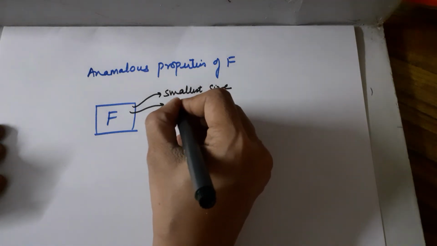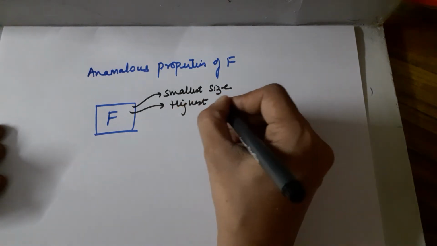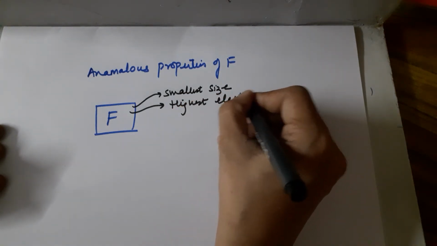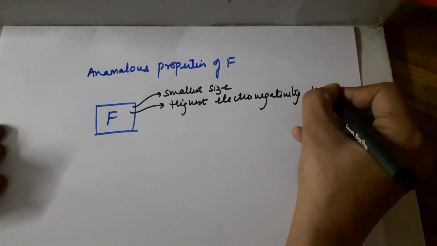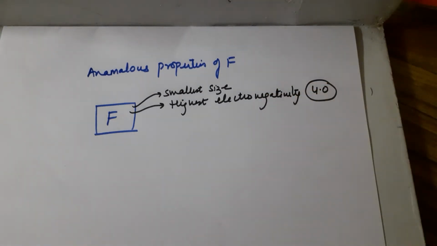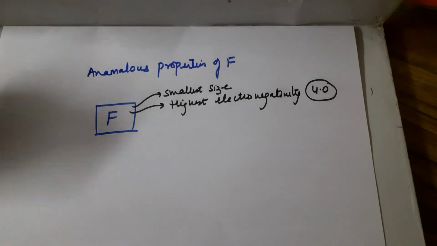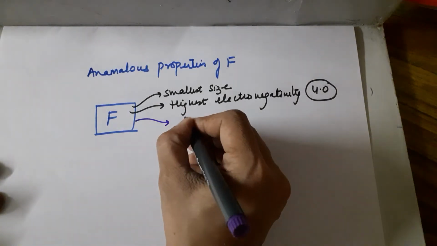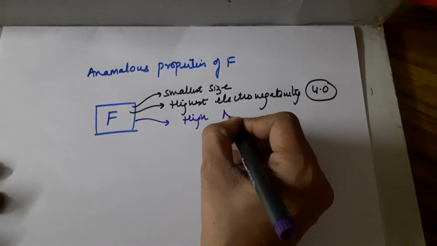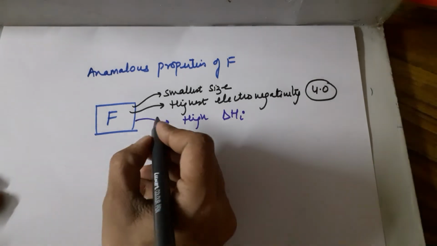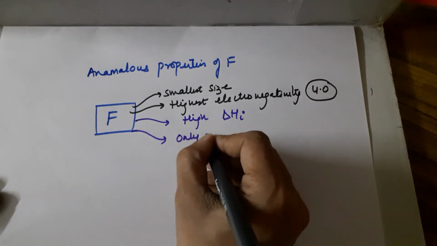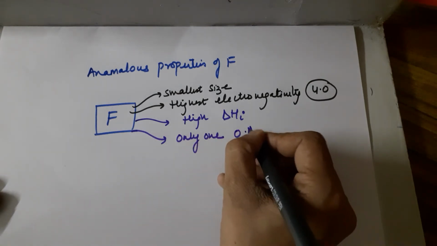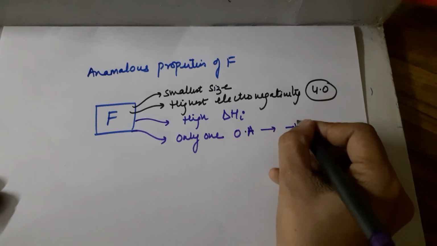Also, it will have the highest electronegativity, which is 4.0 on the Pauling scale, already known to us. Beyond this, it has a high delta Hi, that is electron removal is difficult from it. Also, it shows only one oxidation state, that too -1.